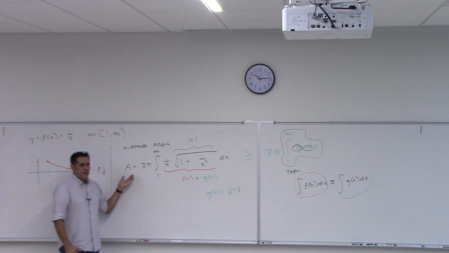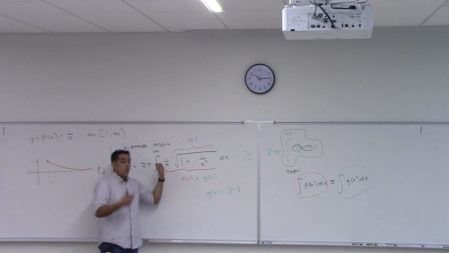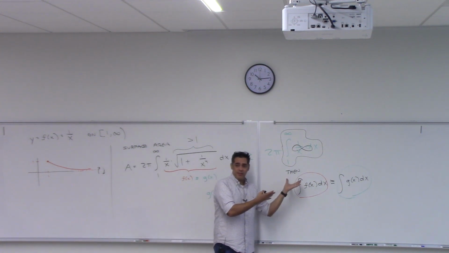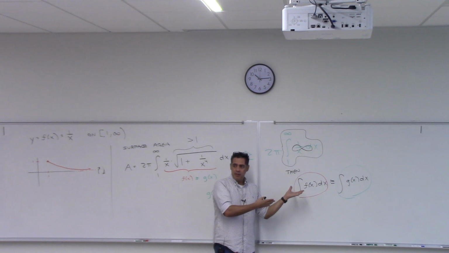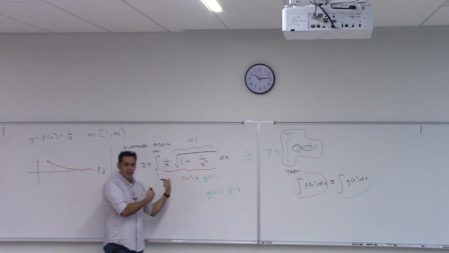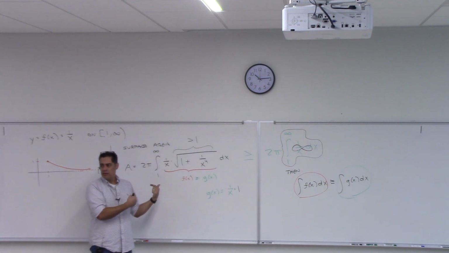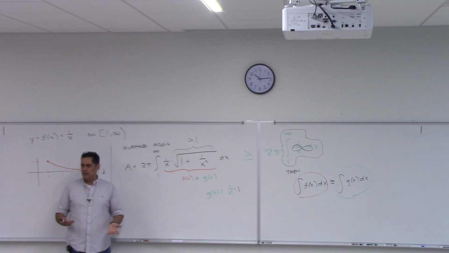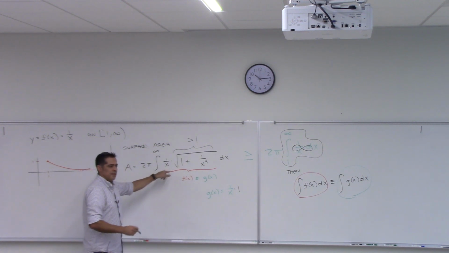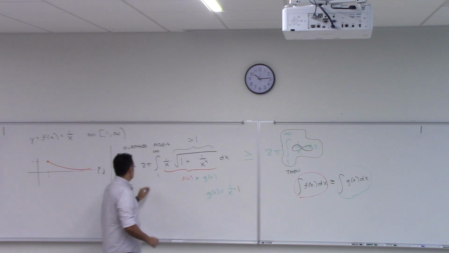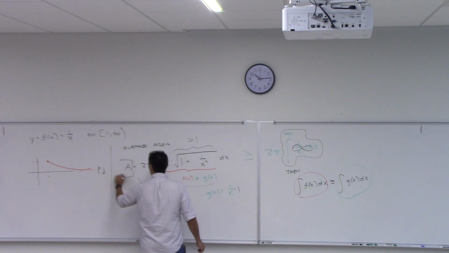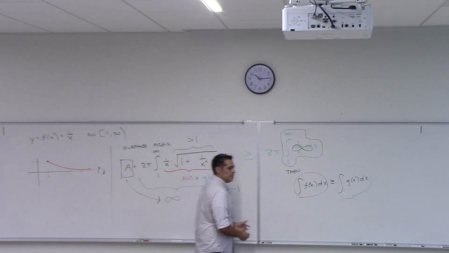So we're trying to find the surface area of something, right? The integral that we set up, we know that this answer has to be bigger than or equal to whatever this is. But this is infinite, which means this must be infinite as well. The only way you can be bigger than infinity is if you're infinity. So that forces this to be infinite. So this is infinite, which means your area is infinite.